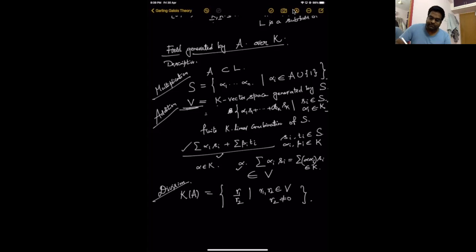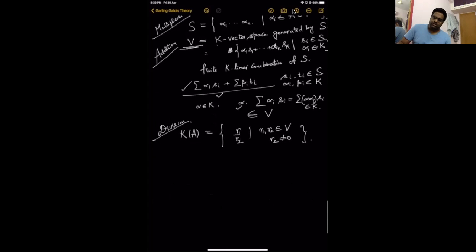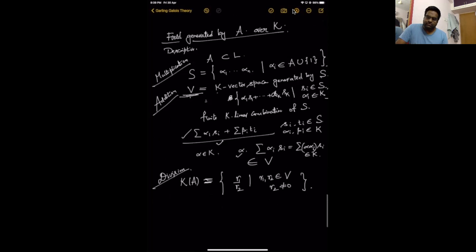In order to construct a field, you need to define what multiplication, addition and division are, and that's exactly what is being done here. So the descriptive notion of K(A) consists of quotients of elements of the vector space V, which is the K-span of S, where S consists of the finite products of elements of A or 1.